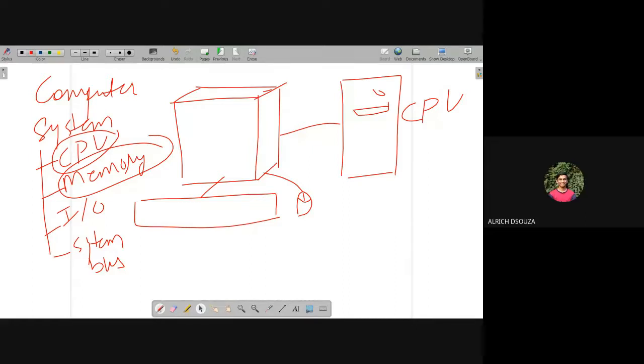CPU में ही होगा. आई वुड से इट इज इन द कैबिनेट.